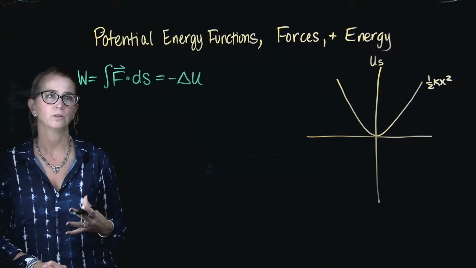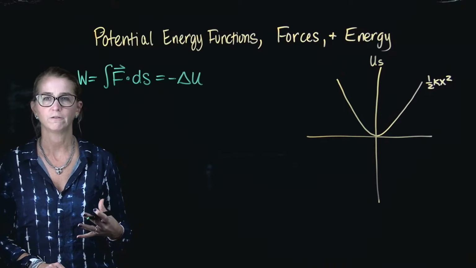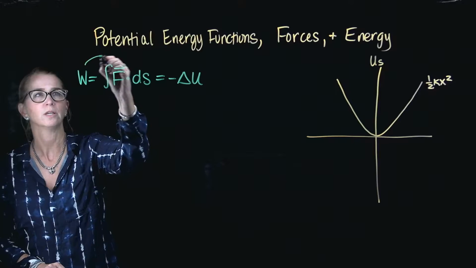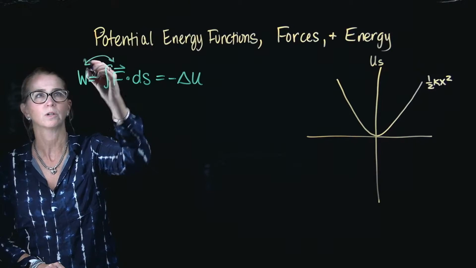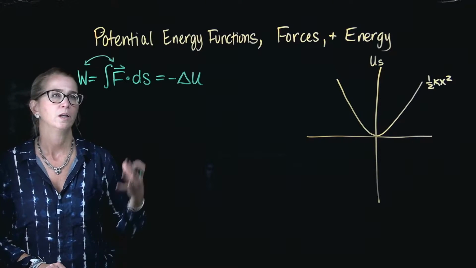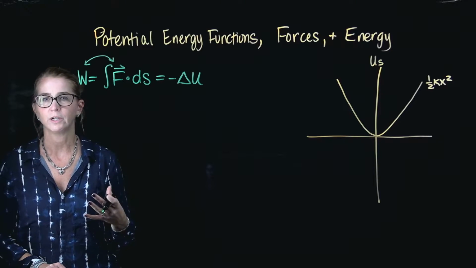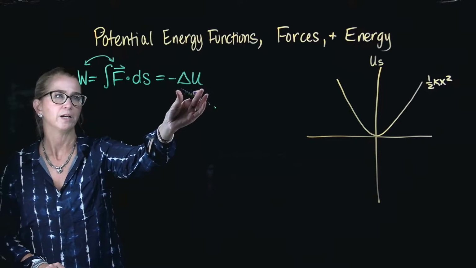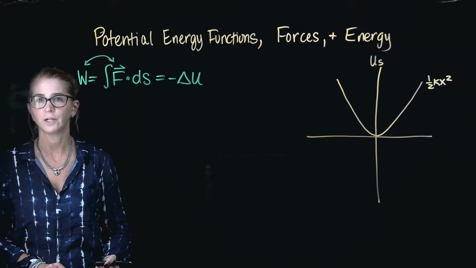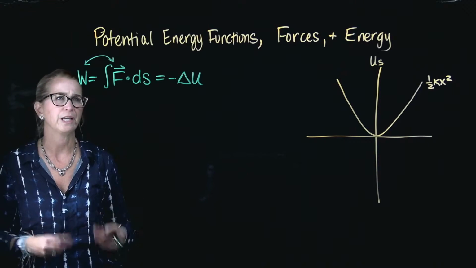And so we learned that the work done by a force, and it is important that these two are linked, we're talking about the work done by that force, is also equal to the decrease in, or minus the change in, the potential energy. So those are related.